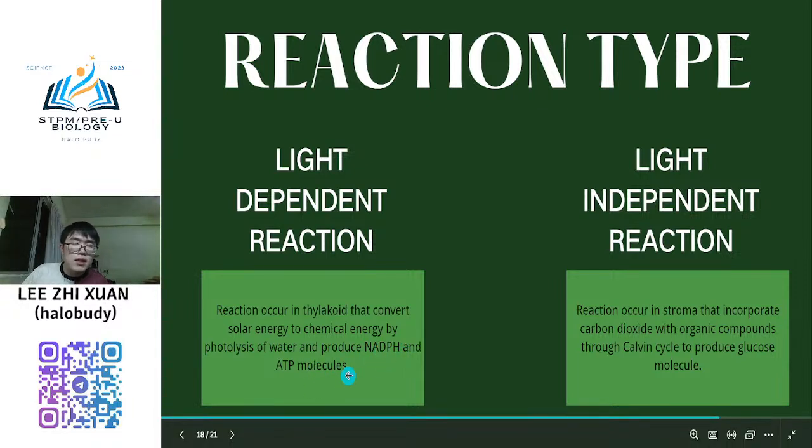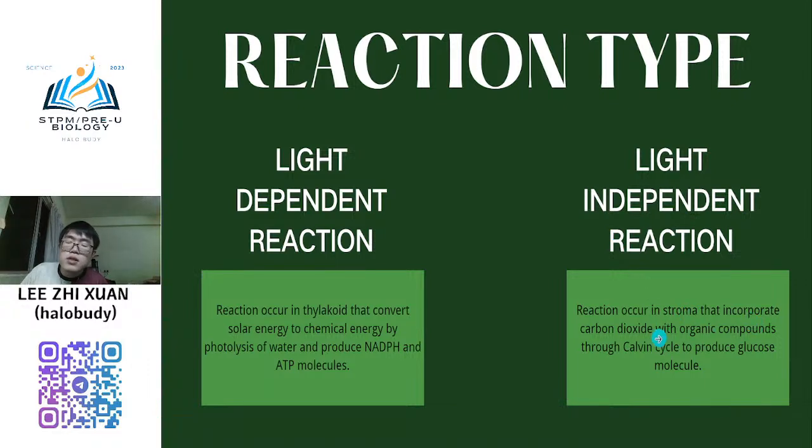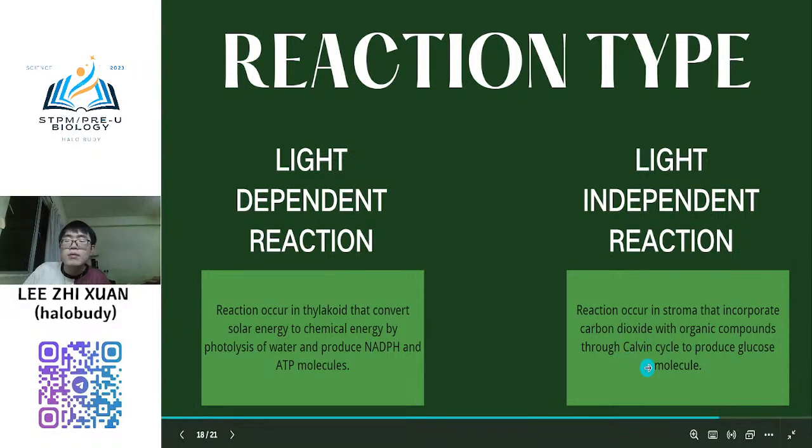So this one is the energy carrier molecule. Energy lah yang kami nak hasilkan. For light independent, it will occur in stroma and then it will use the carbon dioxide with organic compound through the carbon cycle, another cycle we know as the Calvin cycle, to produce glucose molecule.